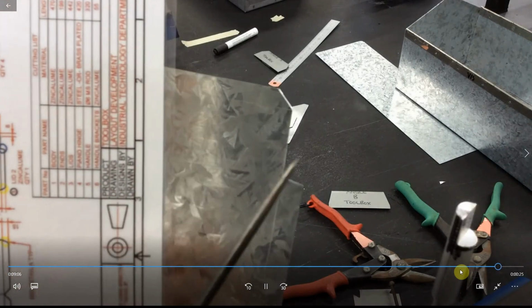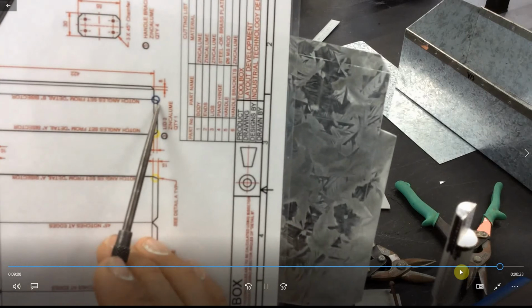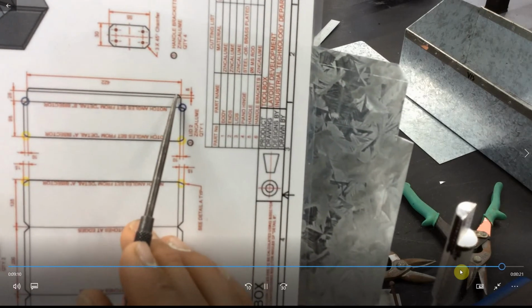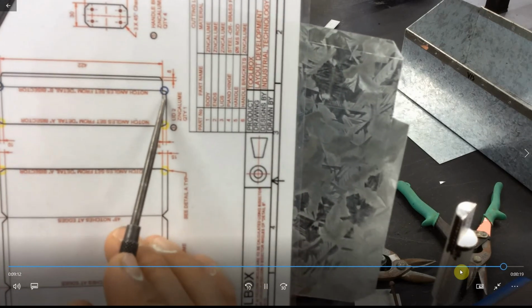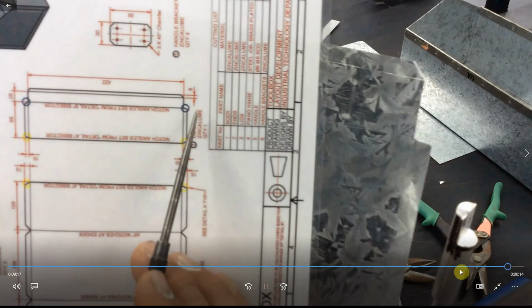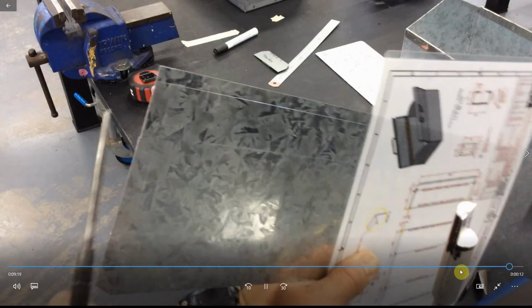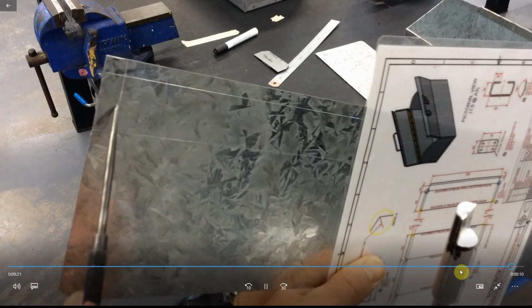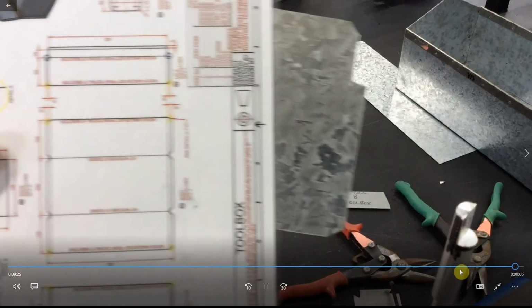If I now have a look at what I've produced here versus what's on the plan, okay, they are exactly the same, and we're looking good. So I would then just do the same on this side. I've pretty well marked it out, apart from that 45, but that would get cut out from there.